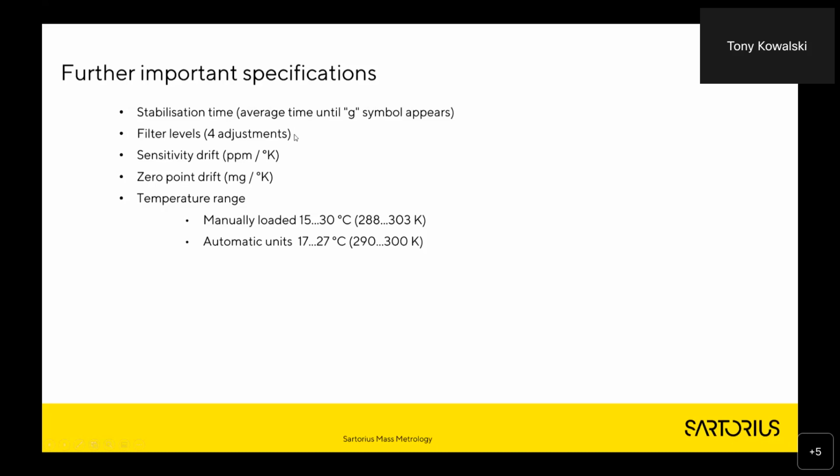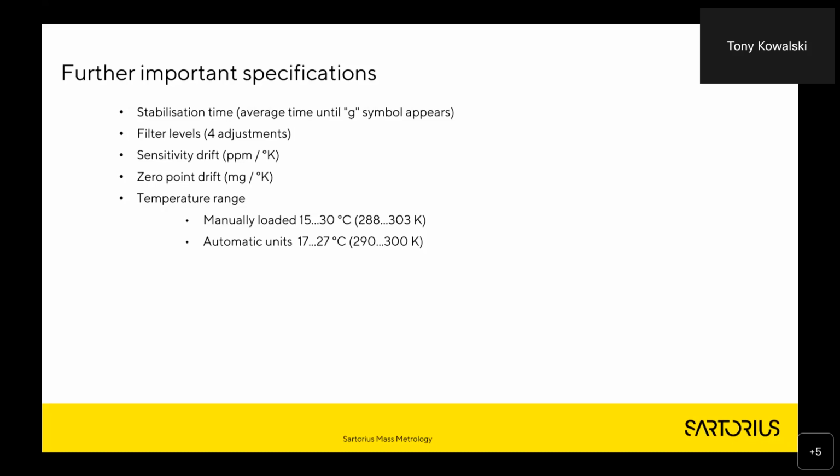Because the comparators share the same software as laboratory balances, there are 4 levels of adjustment for vibration. I would say with a mass comparator, it's set at the optimal setting for working in a mass lab. There should be no reason to adjust the digital filter to filter out vibration.